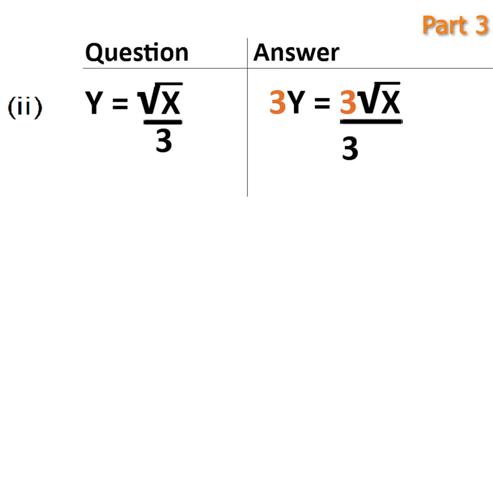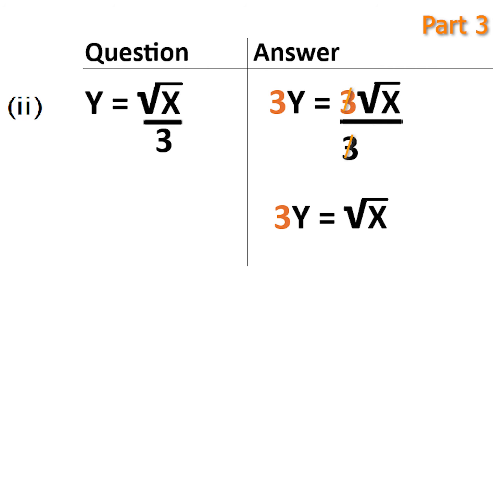In Part 3, Question 2, y equals square root of x, then divide by 3. To leave x on its own on one side of the equation, we need to remove the 3 and the square root of x. We start by first removing the 3 that's dividing the square root of x, using inverse BODMAS rules, leaving us with y multiplied by 3 equals square root of x.